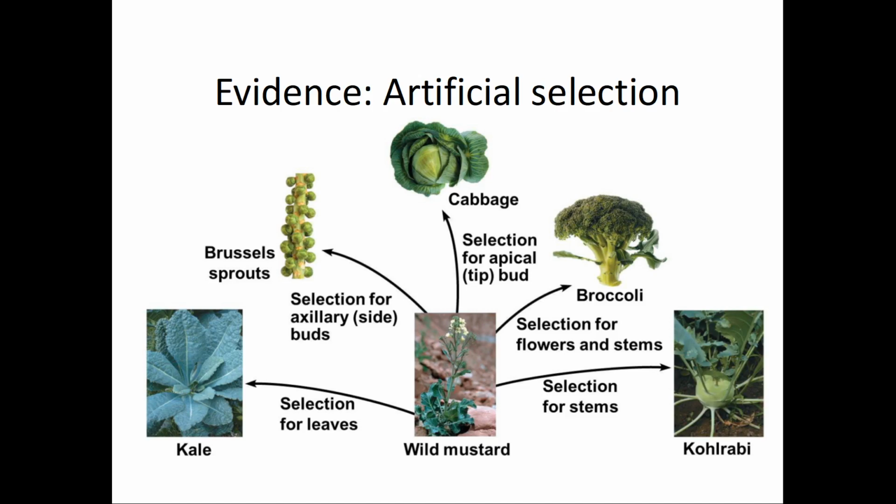We're basically forcing evolution on these plants. They have adapted to selective pressures we put on them. We only keep the seeds, or we only plant the ones that we like, right? So we're selecting them. Only the ones we like survive. So it's a type of forced evolution.